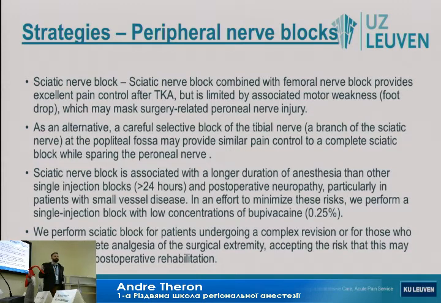So it's just that little period post-operatively that the patient is in a bit more pain, but we cover that with normal analgesia. The problem as well with sciatic nerve block is it lasts very long.